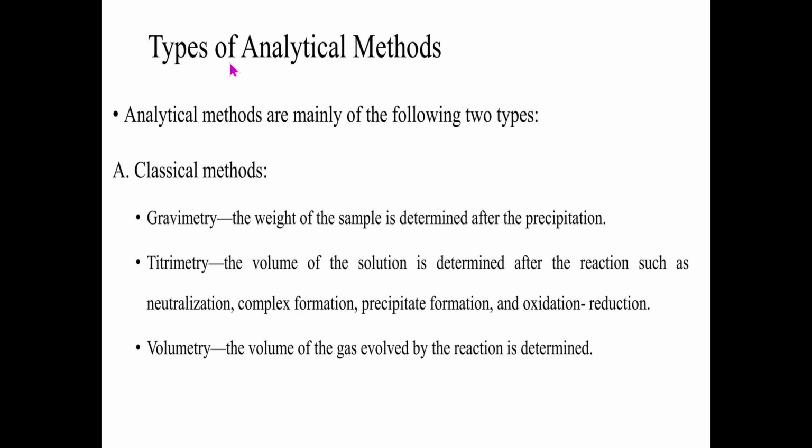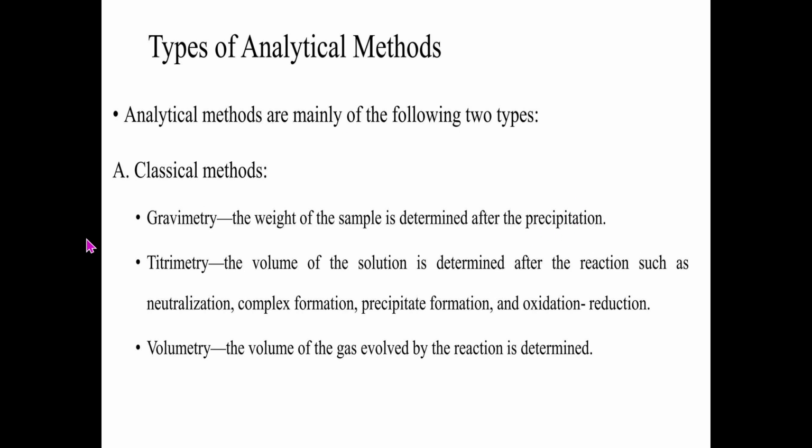The methods through which we can identify the compound and determine the concentration are of two basic types. The first type, the classical method, is divided into three more subtypes, that is gravimetry, titrimetry, and voltammetry. Now what is the meaning of the word gravimetry? Gravimetry is the weight of the sample determined after precipitation.